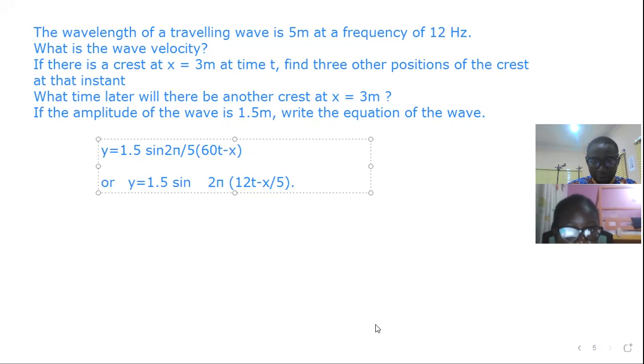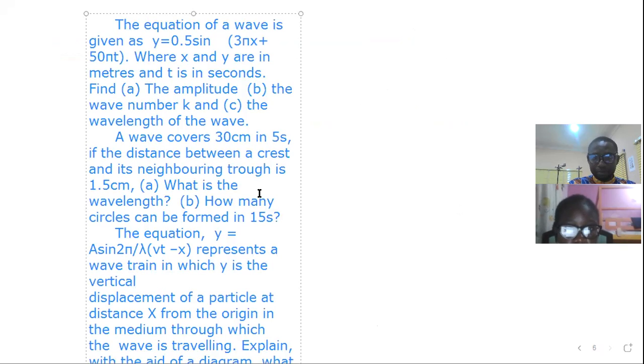Let me give you something to work on, maybe like an assignment. The assignment would be given in this form, so you could just snap it.